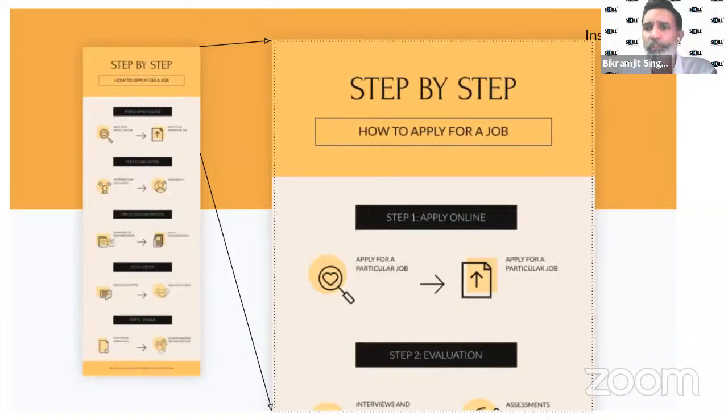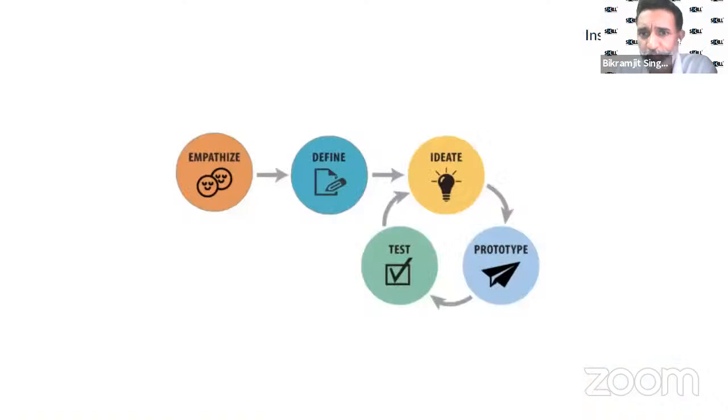How do you do a particular job step by step? So this is a good example. Then the instructional charts where you go from one stage to another, then to another, and then you fall in a loop until and unless you are perfect and your product is out there to be presented to the market.